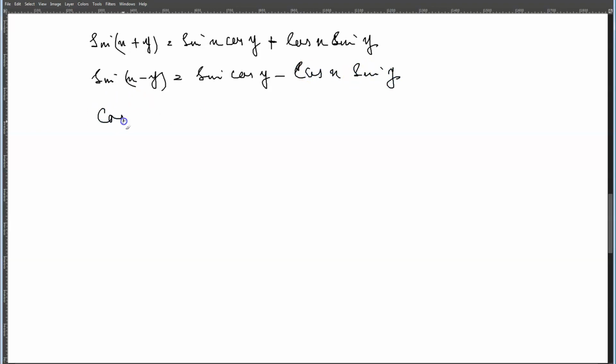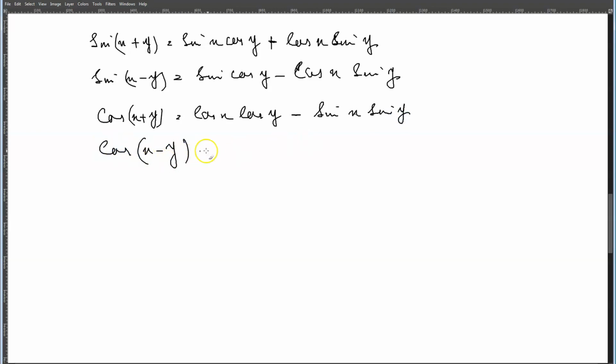We know that cos of x plus y is equal to cos x cos y minus sine x sine y. And we know that cos of x minus y is equal to cos x cos y plus sine x sine y.